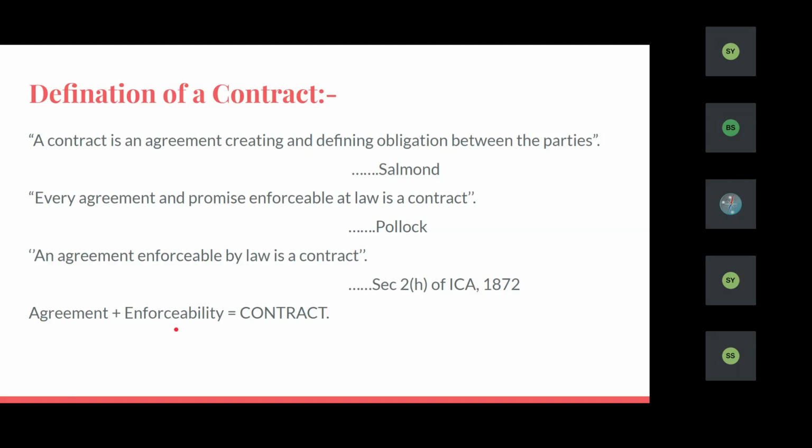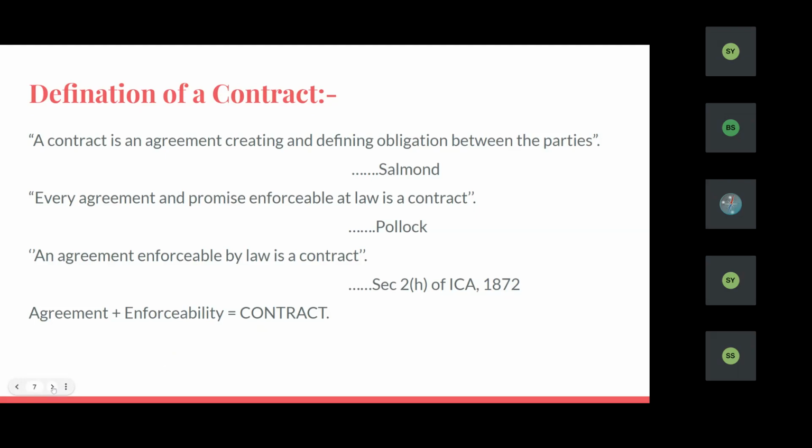There are certain essentials for a contract which we will be seeing in our later classes. For now, remember this formula: agreement plus enforceability leads to the birth of a contract.